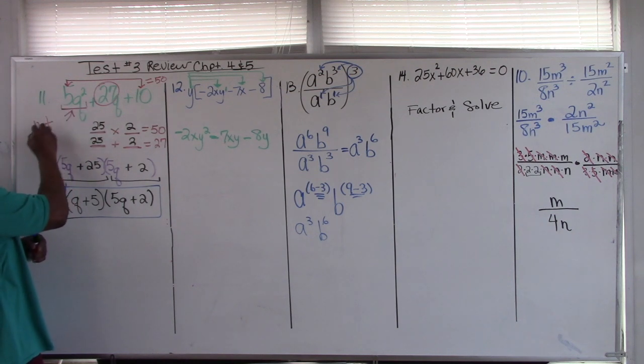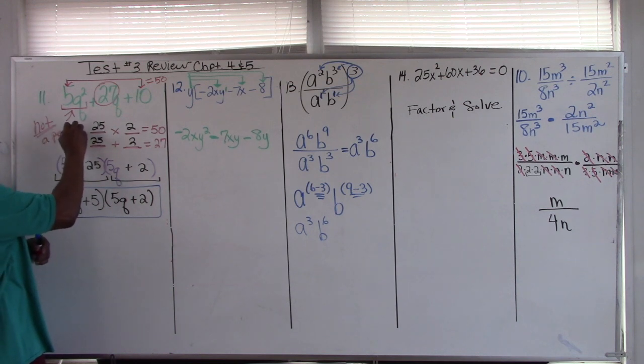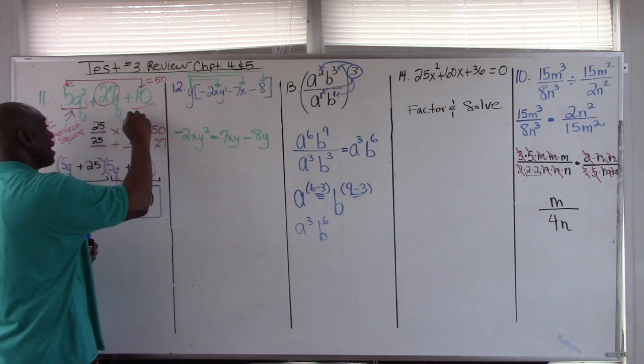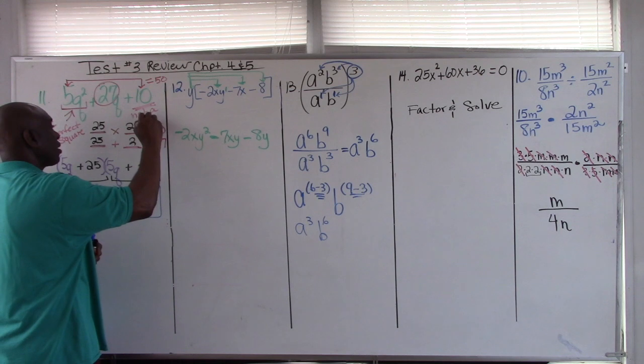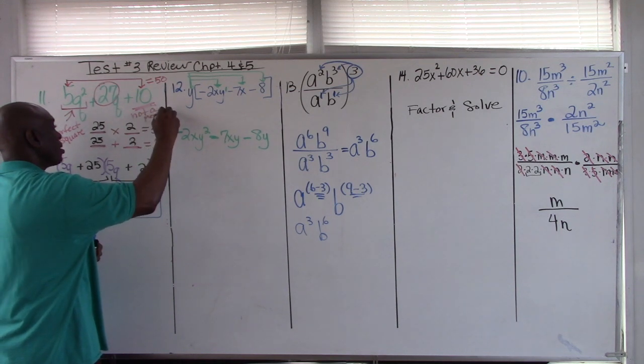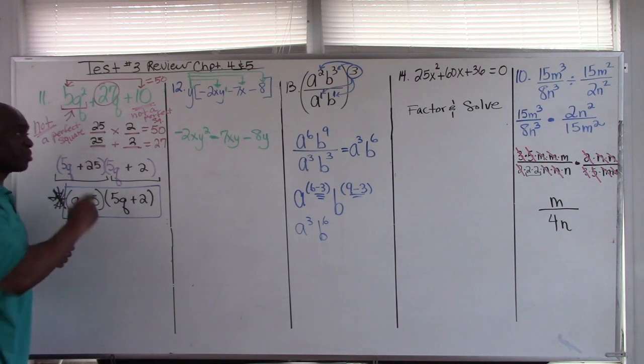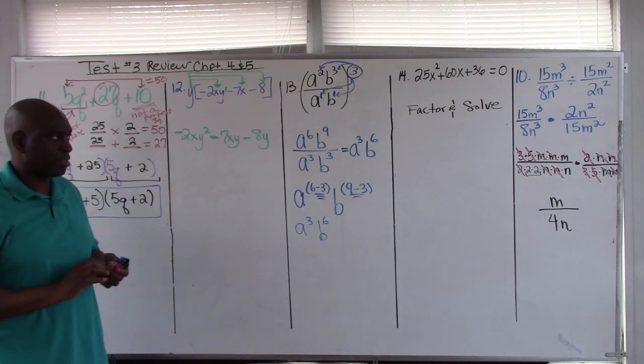Not a perfect square. And number 10 is not a perfect square. See, the first and last terms are not perfect squares.